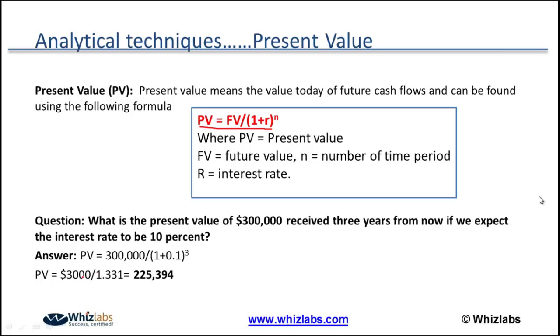There is a small numerical mistake here, so consider this as 300,000 divided by 1.331. So the value will be 225,394. So the present value of 300,000 which you're supposed to get after 3 years will be less. Just understand this formula, and we will use this present value formula in the net present value of a project.